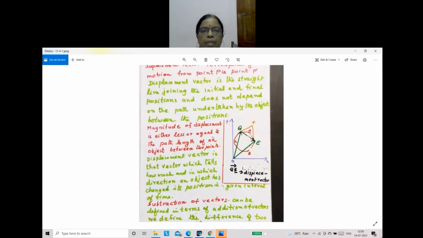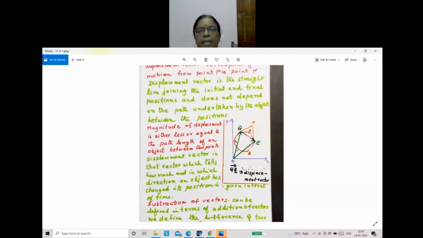Here it is explained that the magnitude of displacement is either less than or equal to the path length of an object between two points. See here, when a body moves from Q to E, it can take different paths. Q, F, E, it can go. Q, A, E, it can go.